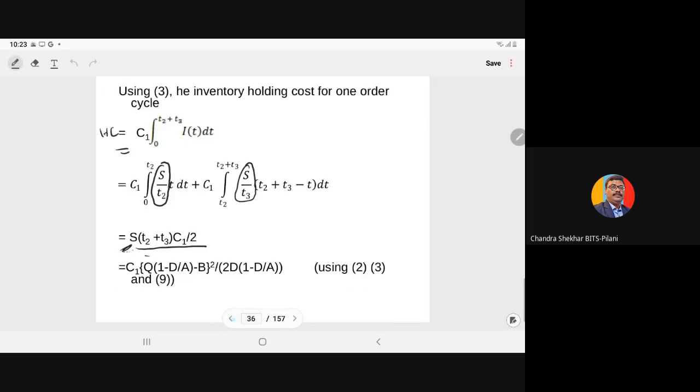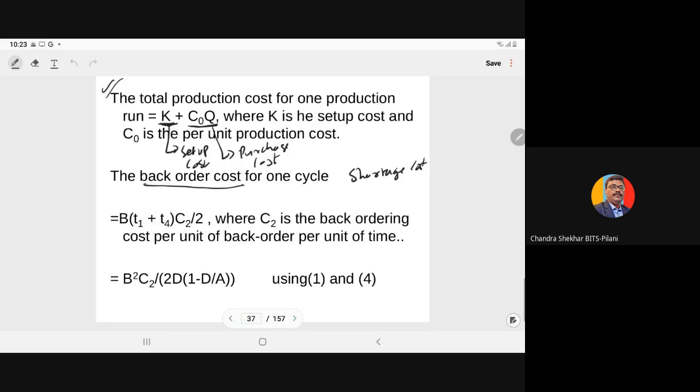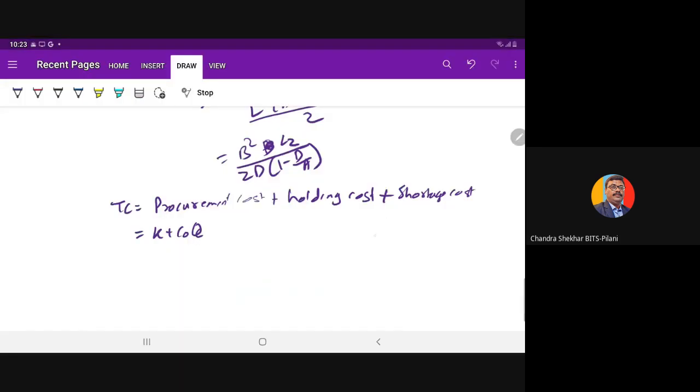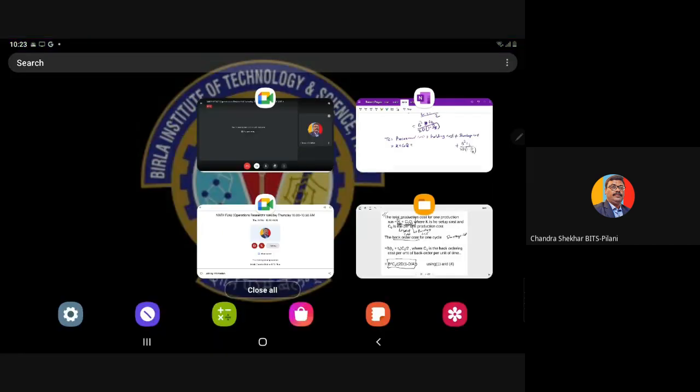This is the procurement cost K plus C naught Q. The shortage cost is B square into C2 upon 2D into 1 minus D upon A. This is the shortage cost, and the holding cost we have derived.